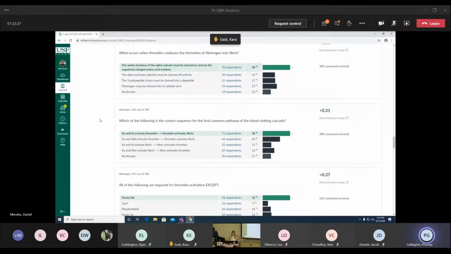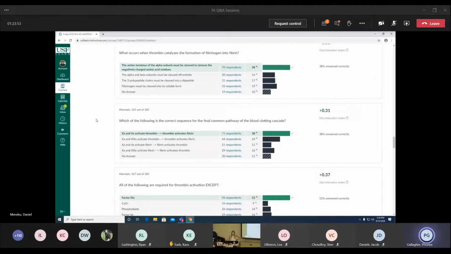Okay, and the next question is, which of the following is the correct sequence for the final common pathway of the blood clotting cascade? So essentially, this is just telling you the order in which all of this occurs and what factors activate the next factor. Remember that it's going to be factor 10 and factor 5 that are on the platelet membrane that prothrombin will associate with to activate thrombin.